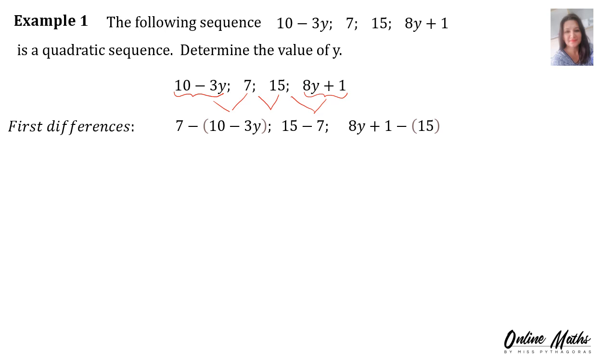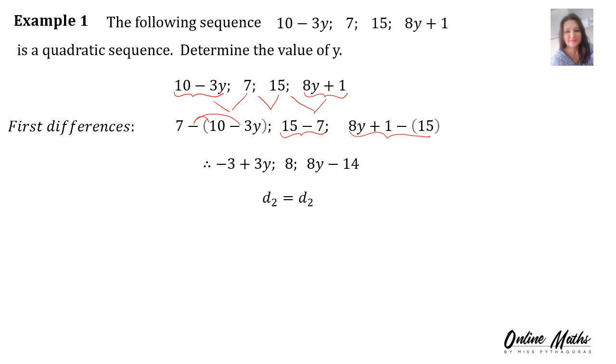Then I'm going to multiply in the negative there and I find minus 3 plus 3y; 15 minus 7 is 8, and 8y plus 1 minus 15 will give you 8y minus 14.